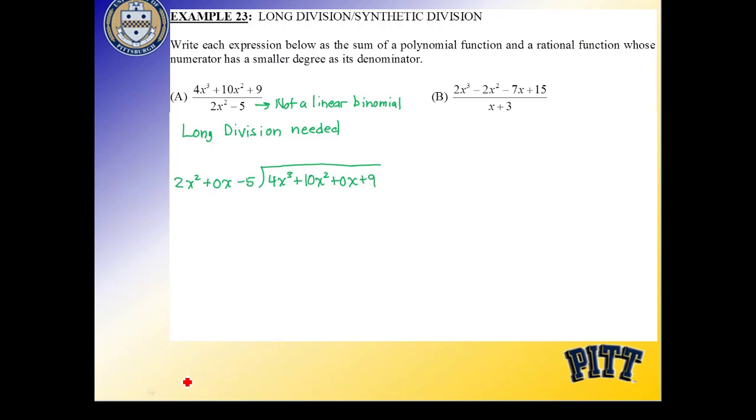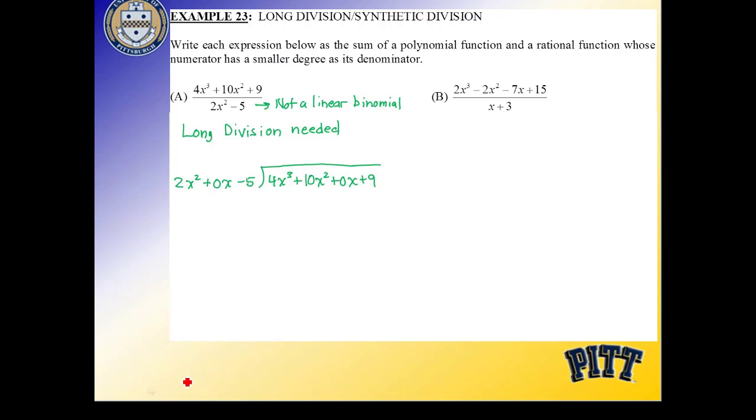Anything missing from the normal pattern, going from highest power down to lowest power, needs a representative of that power of x with a coefficient of 0 because it really isn't there. I do the same thing inside, with the 4x cubed plus 10x squared plus 0x, since I don't have an x term, plus 9.